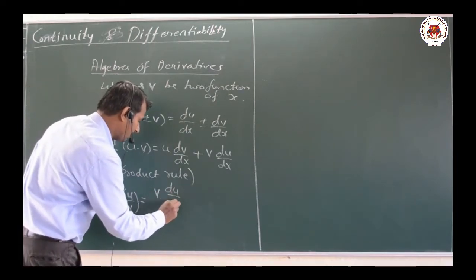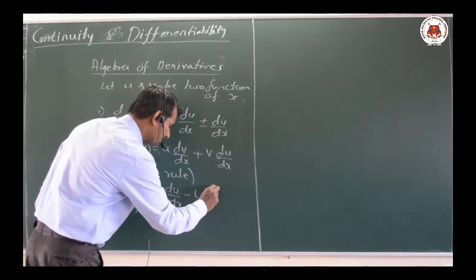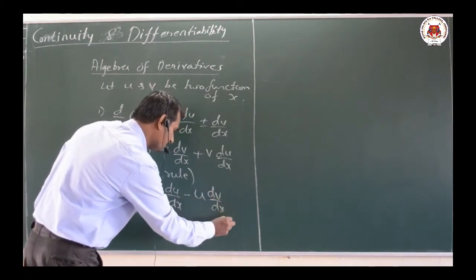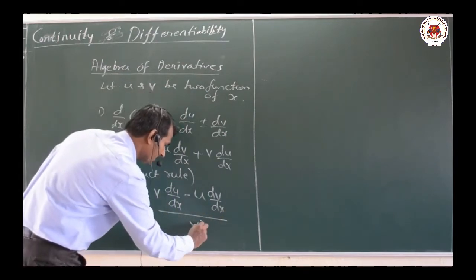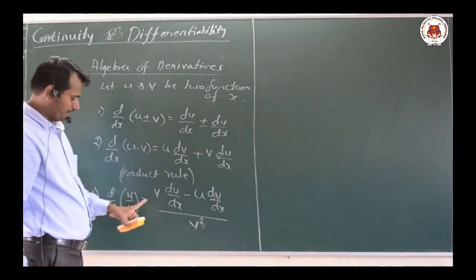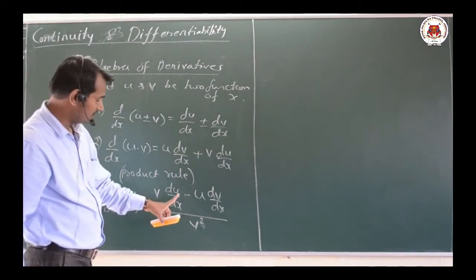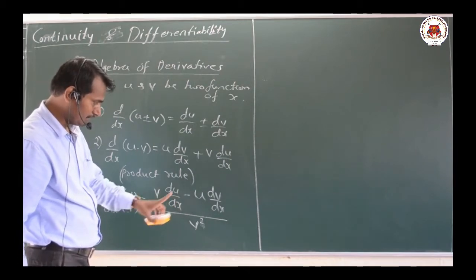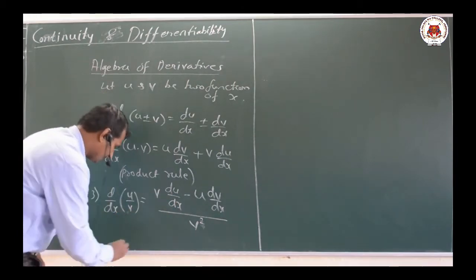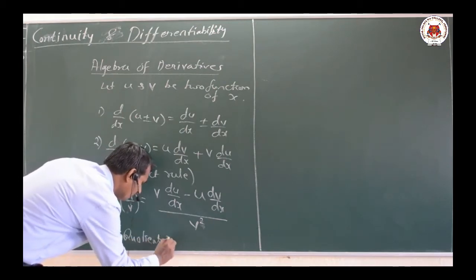Then v into du by dx, minus u as it is into dv by dx, whole divided by v square. Here we have to remember that the denominator v we have to keep as it is, and then differentiate the numerator part. This is called the quotient rule.